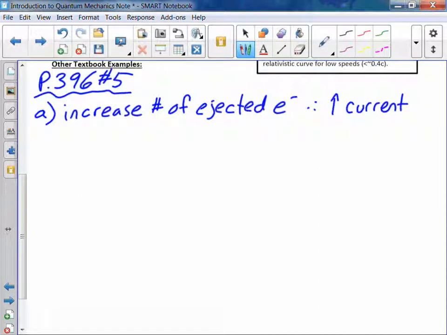Increasing the intensity of light will increase the number of ejected electrons only if, someone help him out. Adam? Yeah, the frequency of light is greater. Boom. I like it. Only if the frequency of light is great enough to actually start knocking the electrons out of the orbital shells.